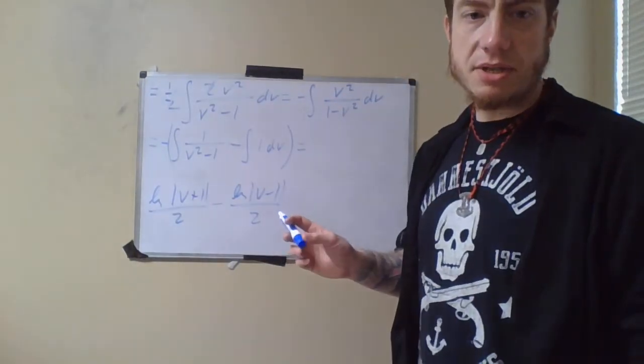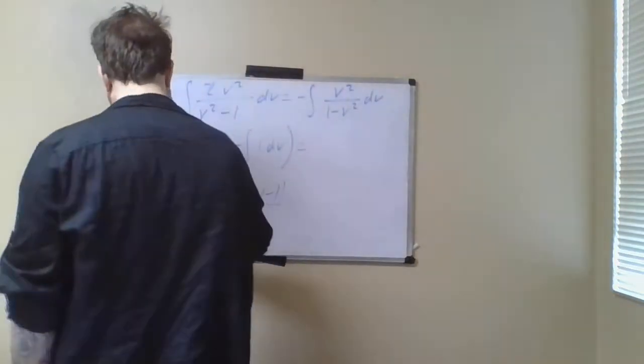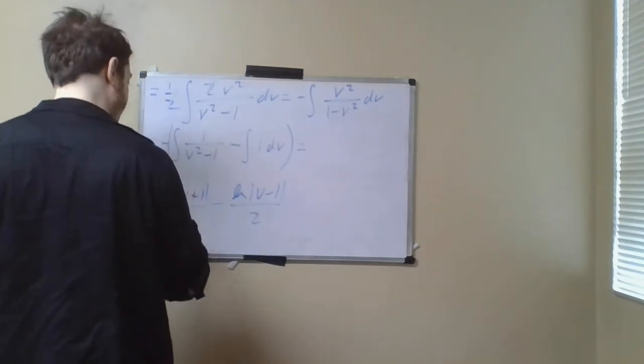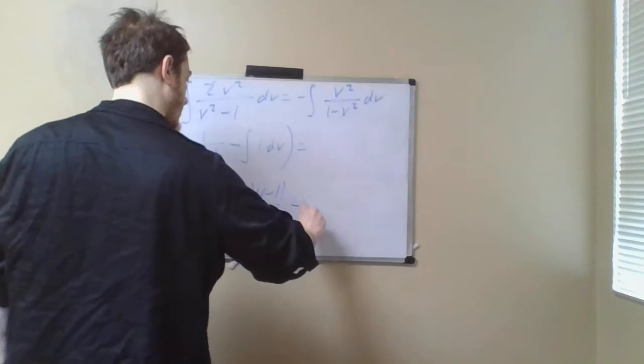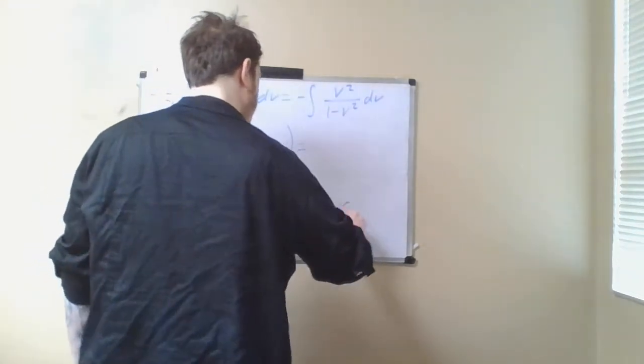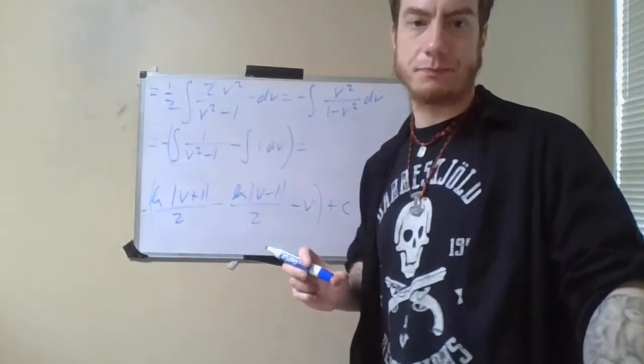And so this is going to, I forgot my negative out front, so let's make sure we have the negative out front. And then we're going to be subtracting off v and then adding a constant to it.